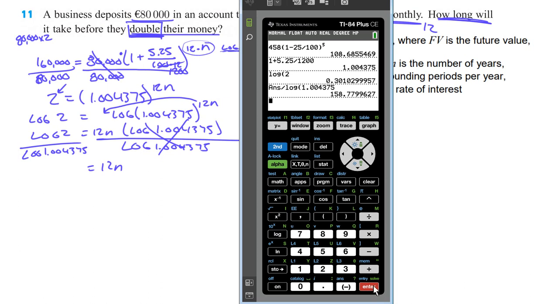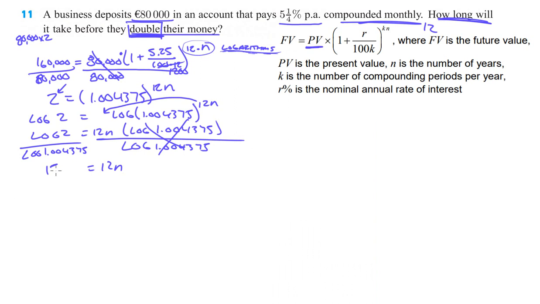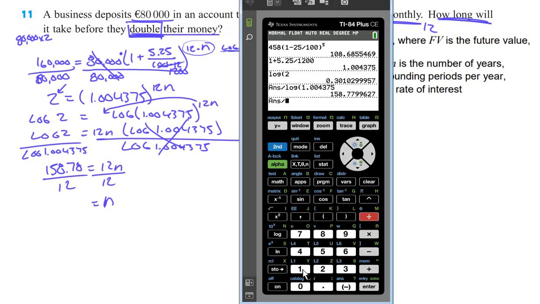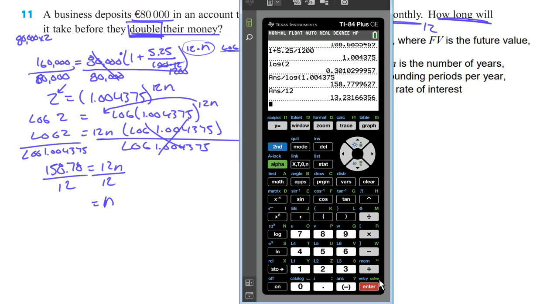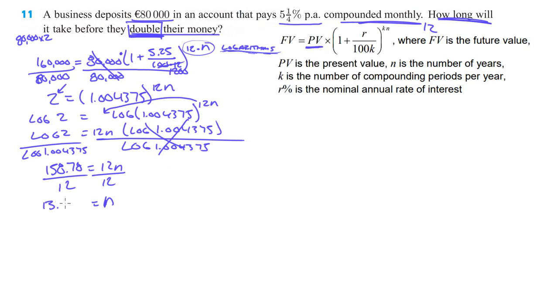And that gives us 158.78. 158.78 equals 12n. Divide both sides by 12, and that will tell us how long it's going to take. So divide that by 12, and we get 13.23. So about 13 and a quarter years is about how long it's going to take.